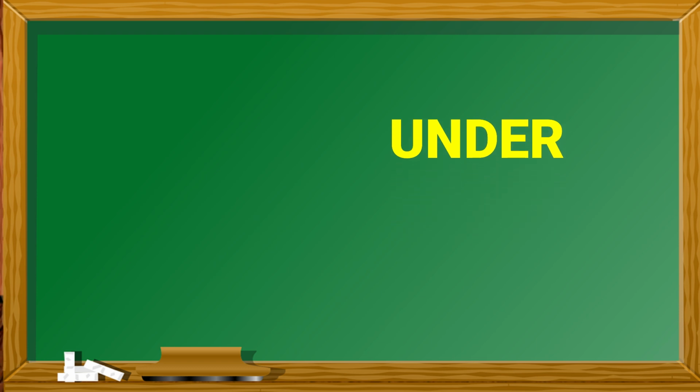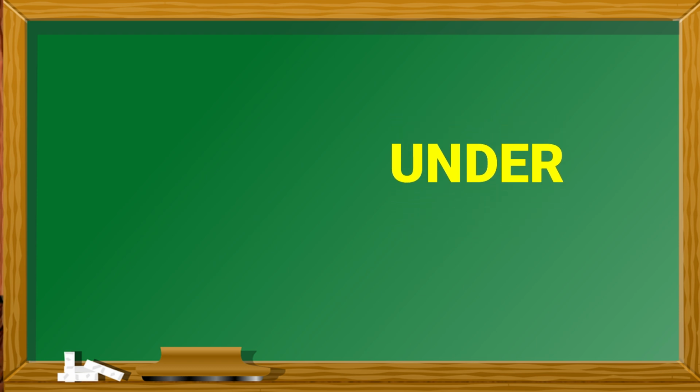The last preposition we have is under. When do we use the preposition under? Very good! We are going to use the preposition under if the object is found under the other object.